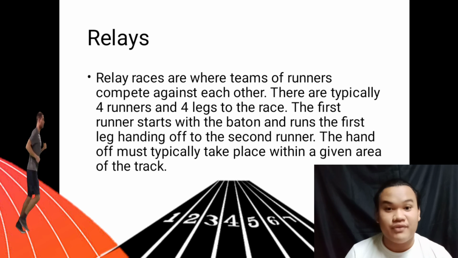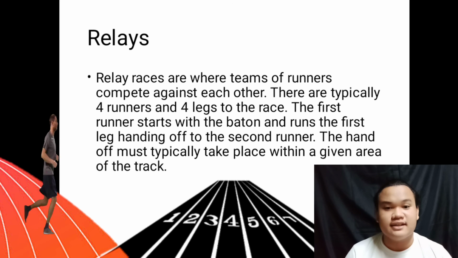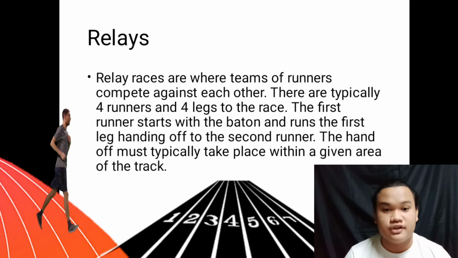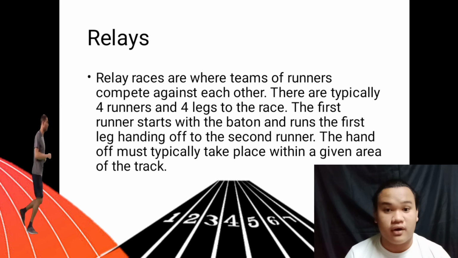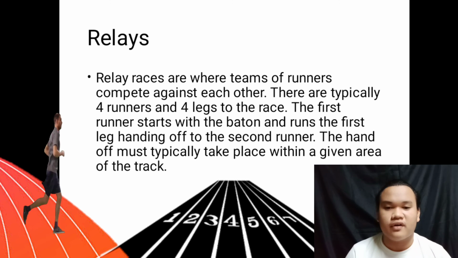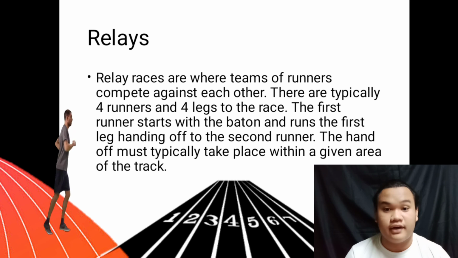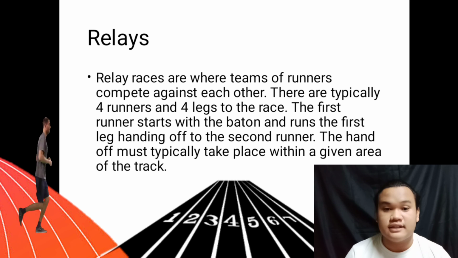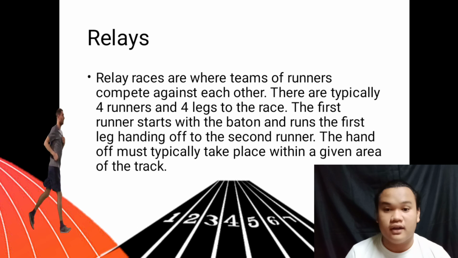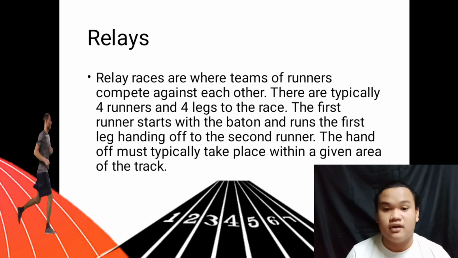And last, we have the relay. Relay races are where teams of runners compete against each other. There are typically 4 runners and 4 legs to the race. The first runner starts with the baton and runs the first leg, handing off to the second runner.